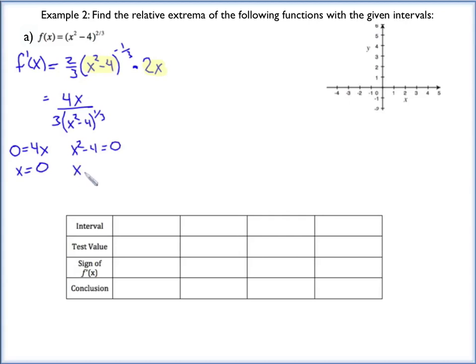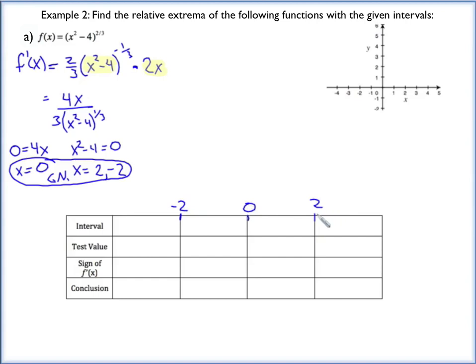And so here you can see x is going to equal 2 or negative 2. So in this case, these are the critical numbers. So we're going to put those at the points of our intervals, here, here, and here. So we have negative 2, 0, and 2.